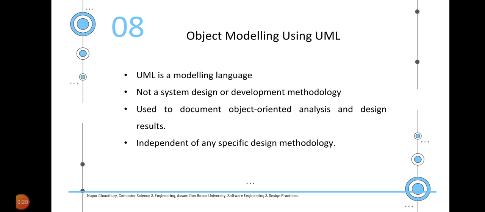And most importantly, it is independent of any specific design methodology. So we do not have to strictly adhere to any of the methodologies for designing any project. It is up to us which one we need to choose at what point of time, and most importantly, the designs will never go wrong.